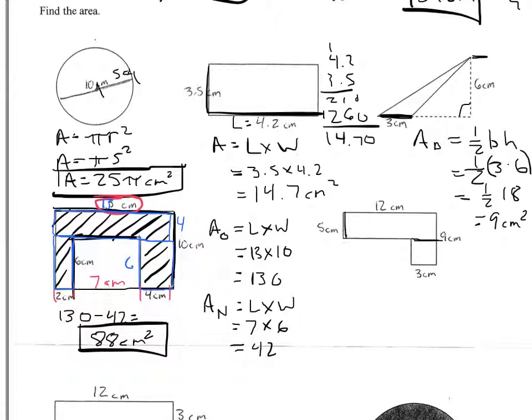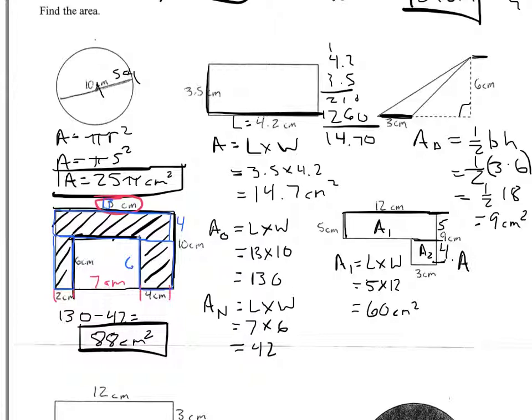For the first one, I've got length times width. Area 1 is really easy. Five times 12 is 60 centimeters squared. Area 2 is this smaller one. Now, the entire length of this side is 9, not this small part that we need. So this part is 5, which means this part is 4.